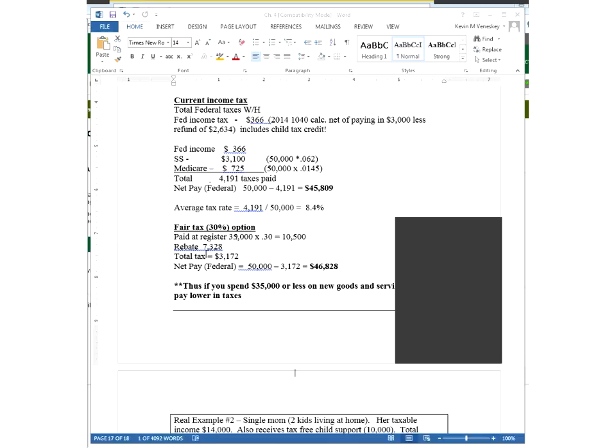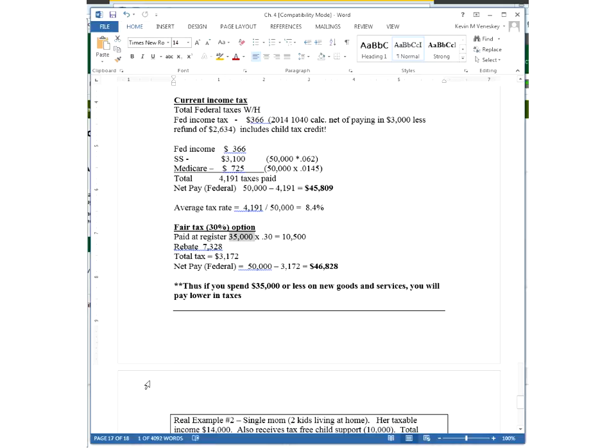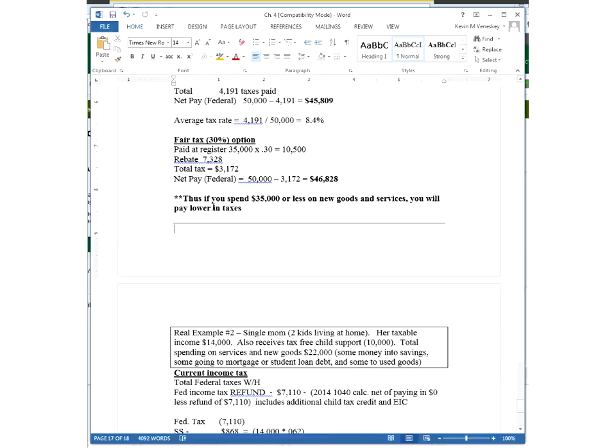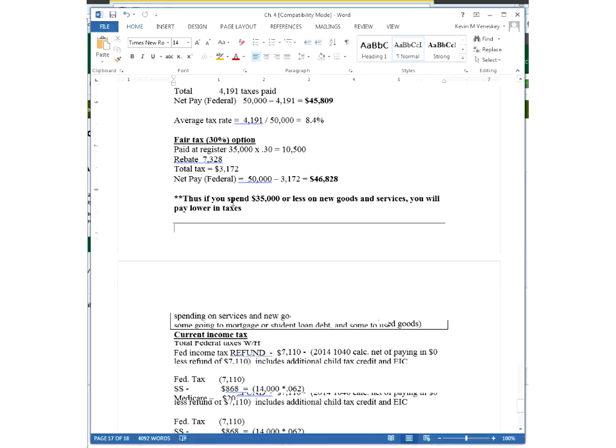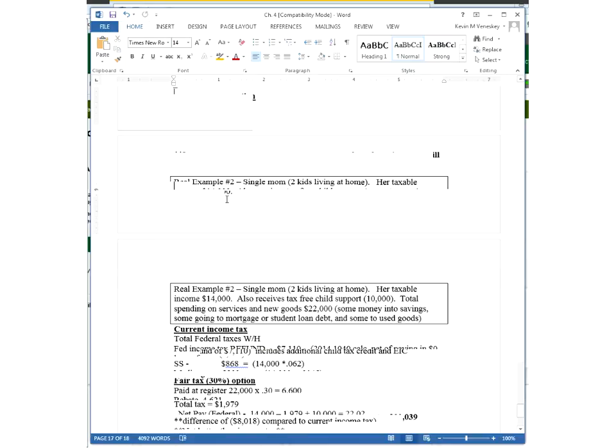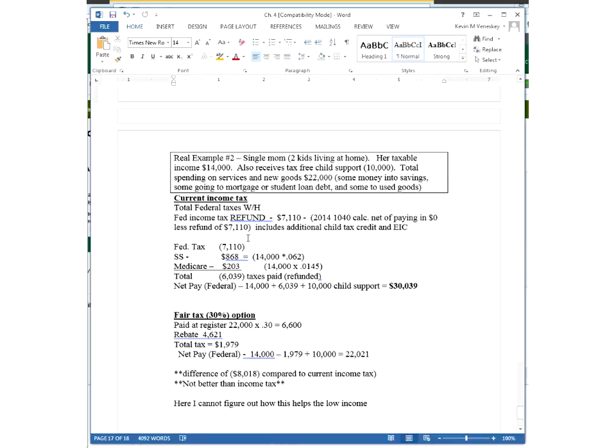Then in total, you're paying more in tax. So how much are you going to spend on new goods or services? That's where it's going to come down to whether it's fair or not. So I put that if you spend $35,000 or less, this tax is definitely going to be a good thing for you if you're in that bracket.